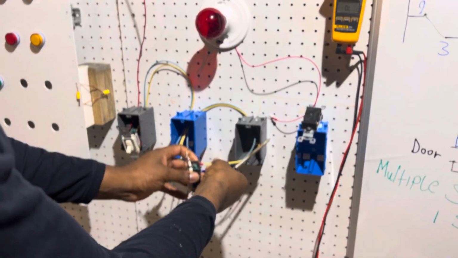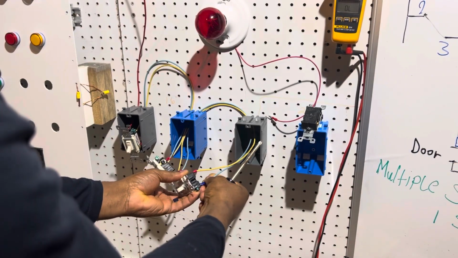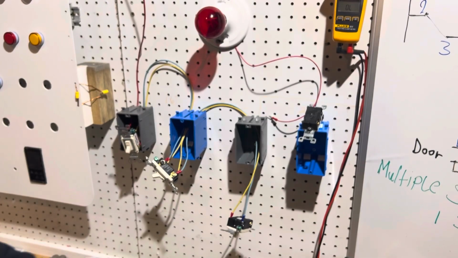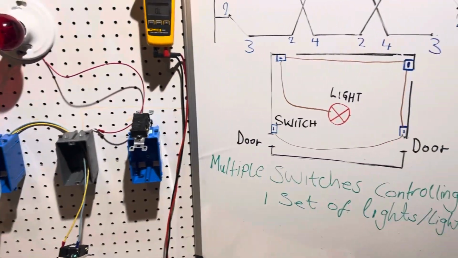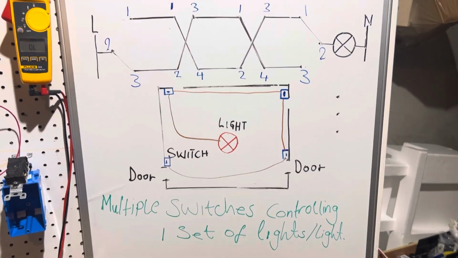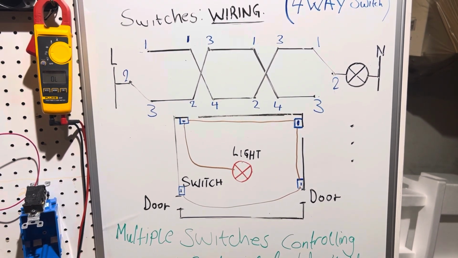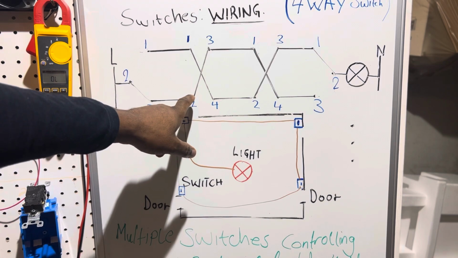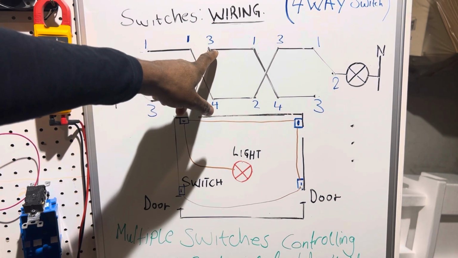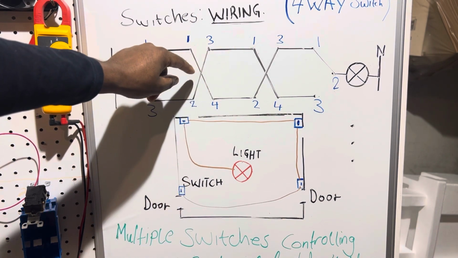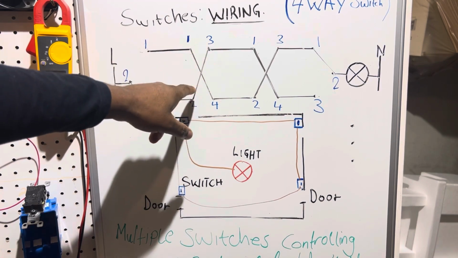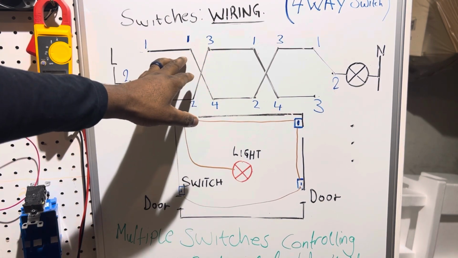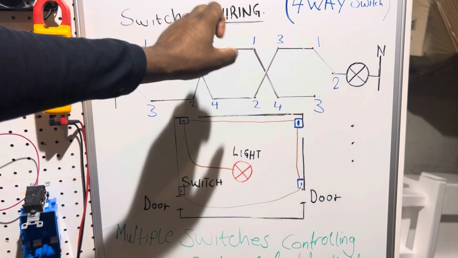In short, what I'm trying to say is, if you mess up one wire here and connect it at the wrong point, if you take this wire that's coming from here and land it on this four-way point, it might mess up your logic.